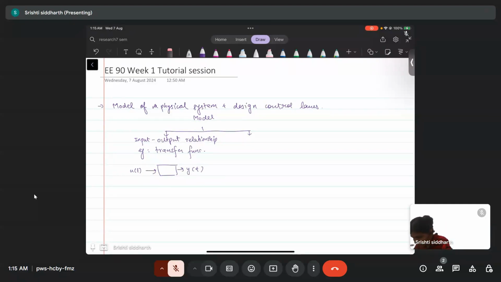And another model is the model which you obtain by formulating the differential equation of the given system, and it uses the parameters of the model. So it's a mathematical model which uses internal parameters. So for example, it could use mass, length, or for an electrical system it could use R, L, C, etc. So an example of this model is the state space model.